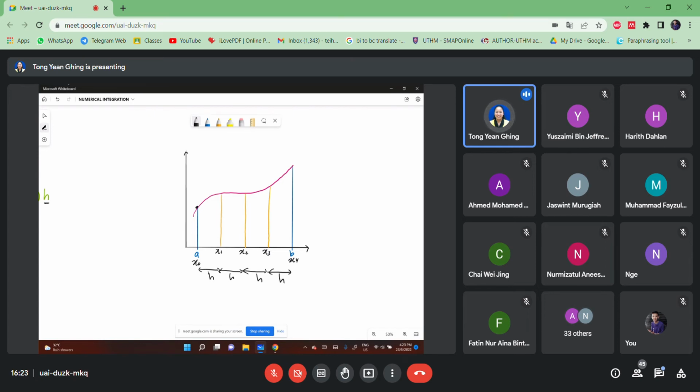This point is F(X0), this point is F(X1), this point is F(X2), this point is F(X3), and this point is F(X4).